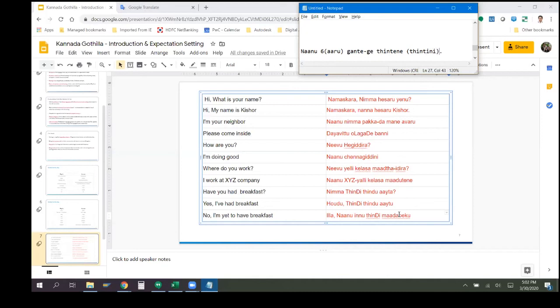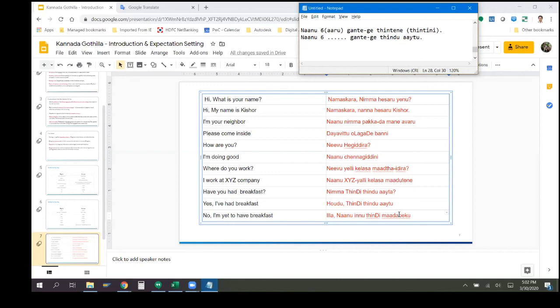Yes. Yeah. So how do you say, Kishor, I had it at 6? ನಾನು 6 ತಿಂದು ಆಯ್ತು. So this is completion. So I'm done, right? ತಿಂದು ಆಯ್ತು.